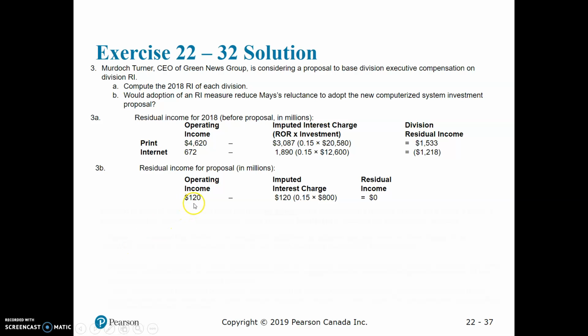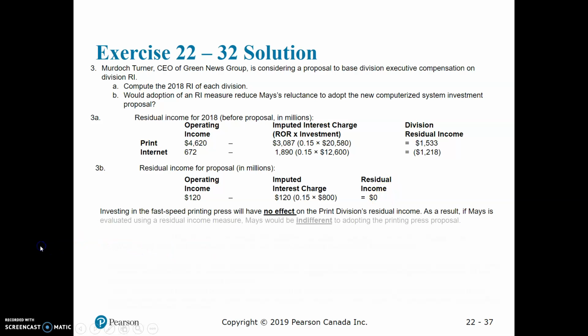We know that the operating income is $120 minus the imputed interest charge, which is the 15% required rate of return times the investment of $800. That results in $120 of imputed interest charge. When you subtract this $120 from the operating income of $120, our residual income is actually 0.